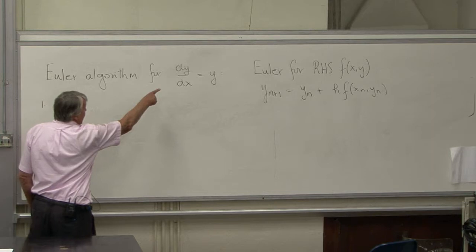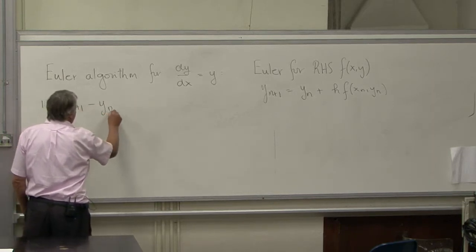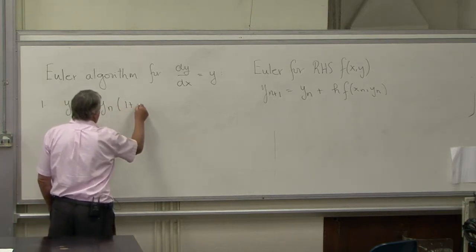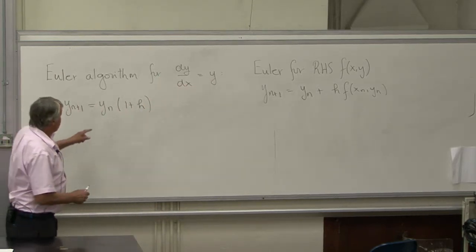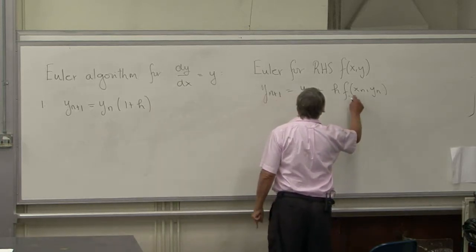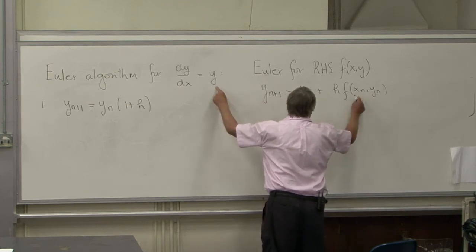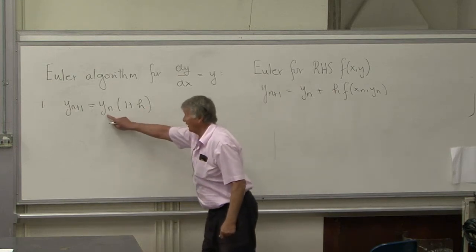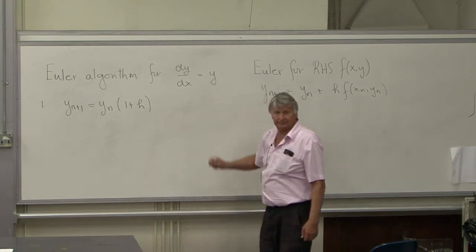So, if you remember, for Euler, for dy by dx equals y, you see here, yn plus 1 is yn plus h times f at xn and yn, which is just simply yn. So it's h times yn. So this is the Euler algorithm for this.